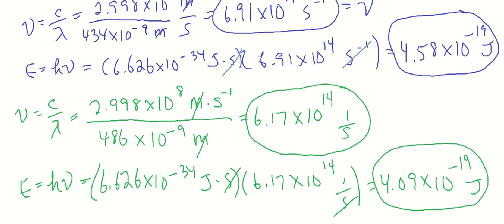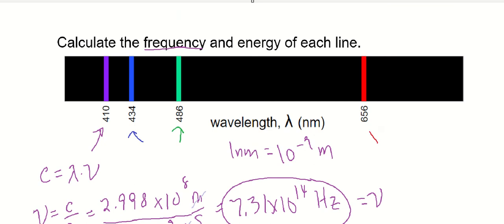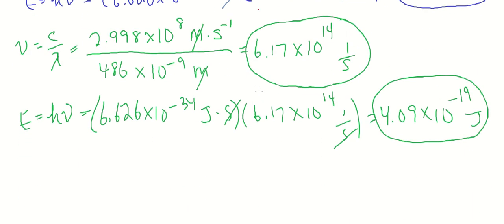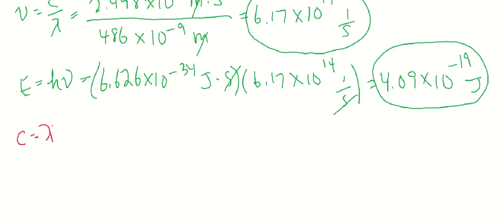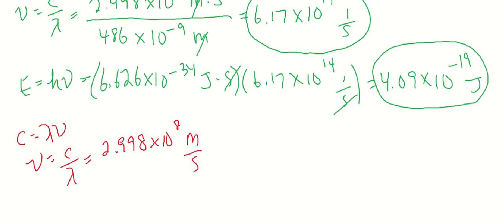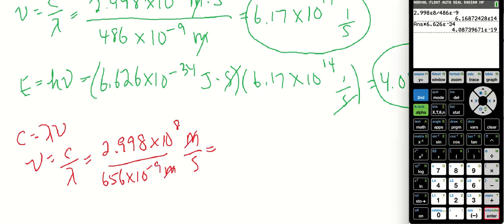Finally, a red line. Let's go to our red here. All right, we got 656 is the wavelength. 2.998 times 10 to the 8, that's the speed of light, divided by the wavelength, 656 times 10 to the negative 9 meters, gives 4.57.